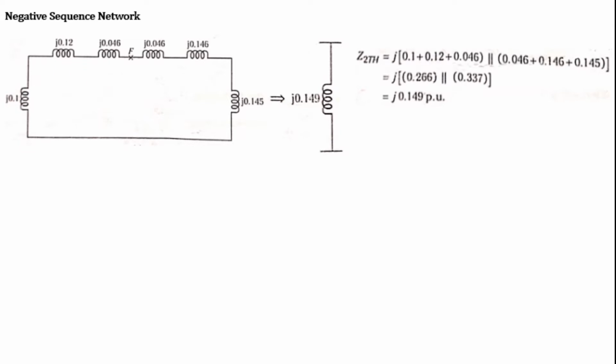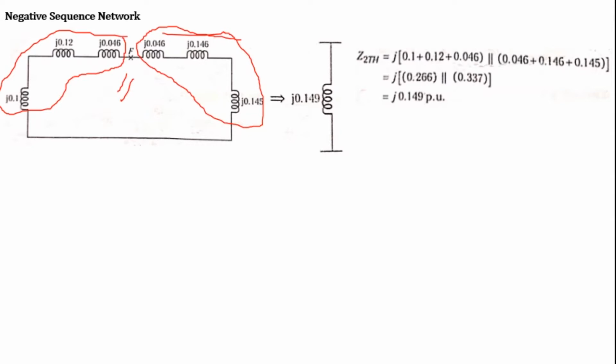These values are connected in series, and again these values are connected in series, and we make them parallel with respect to this point. Making this, we will get Z2 Thevenin. Z2 is nothing but the negative sequence impedance, and we get 0.149 per unit.